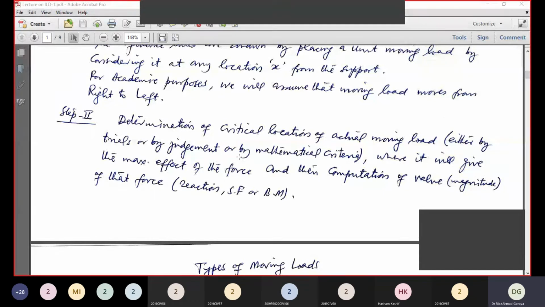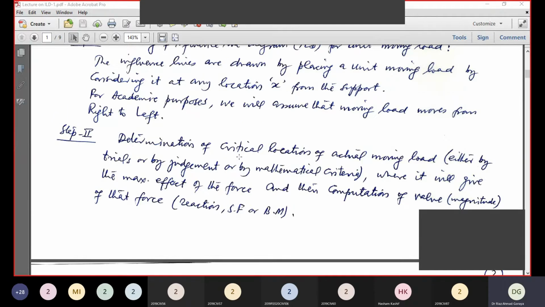This will be done either by trials or by judgment or by a combination of both, or as a last option by using mathematical criteria, where it will give the maximum effect of the force. Then computation of the value of that force. These are the two steps.